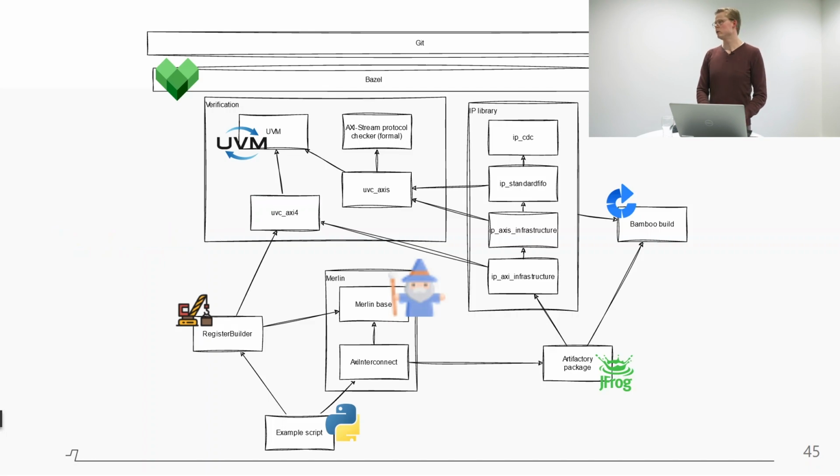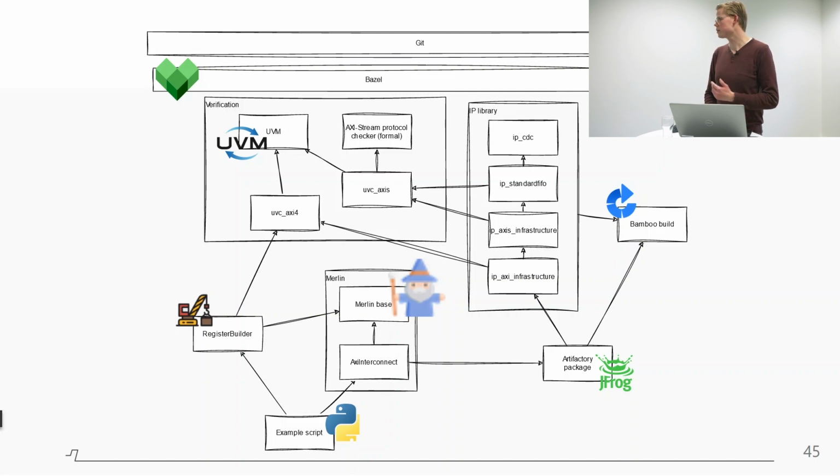And now on the screen is a diagram which basically shows all of the dependencies of the stuff that we talked about. So at the bottom there is our example script. And it's only possible because we have some AXI interconnect stuff, which is built on the Merlin base.